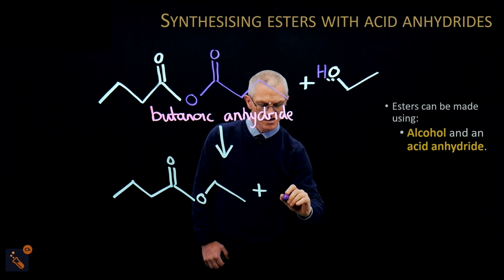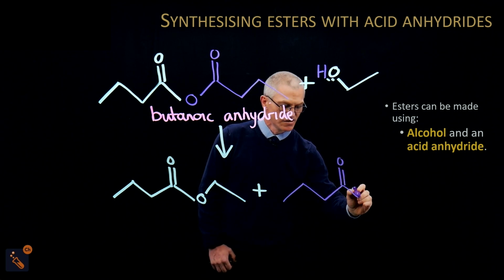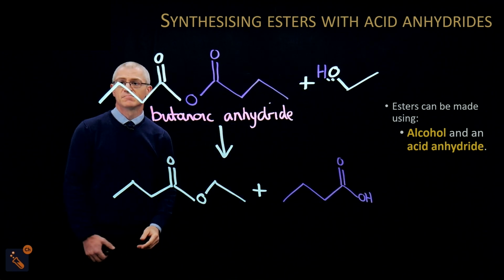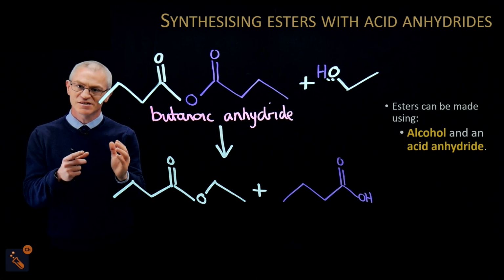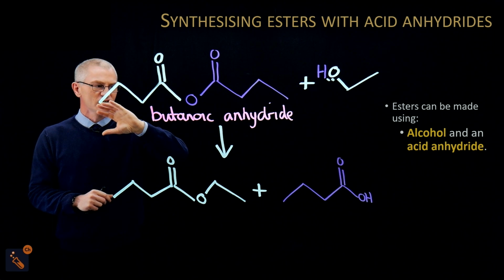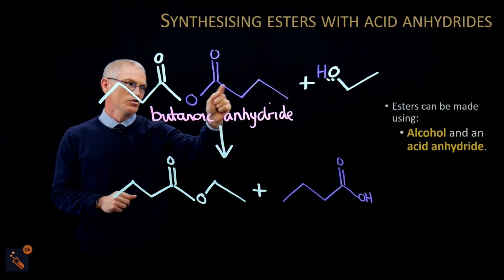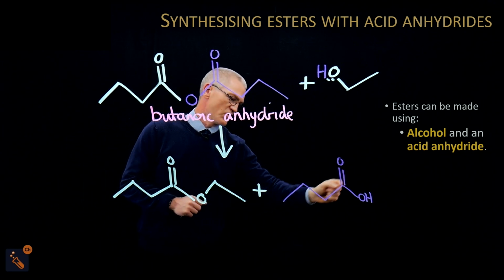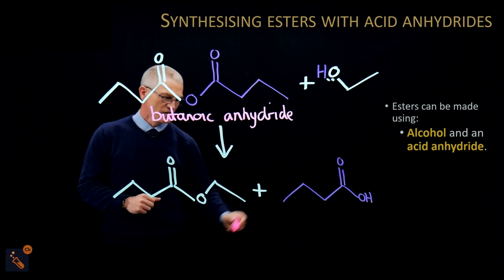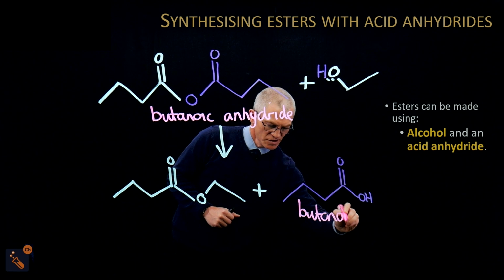So what you actually end up getting is a carboxylic acid. A really important distinction is that when you do it with anhydrides, you will get the corresponding carboxylic acid made: 1, 2, 3, 4. So you'll end up getting butanoic acid.